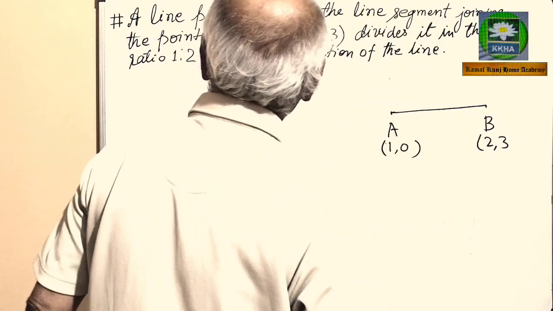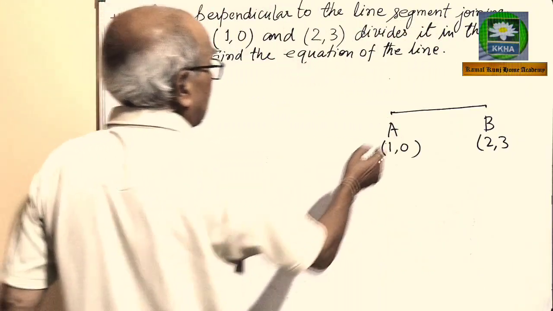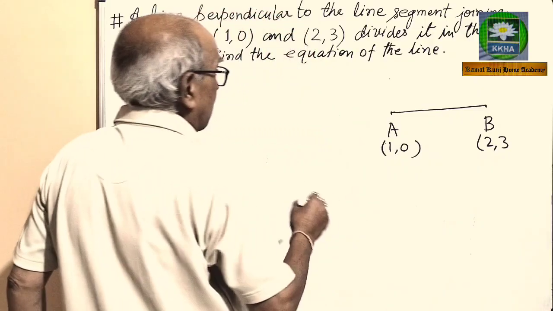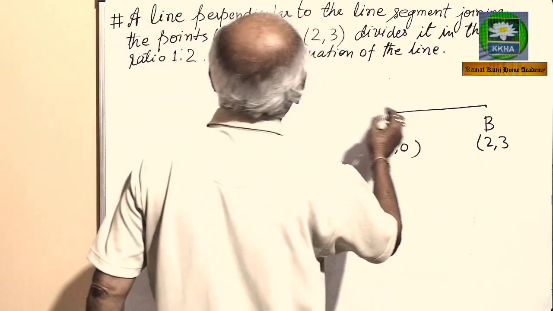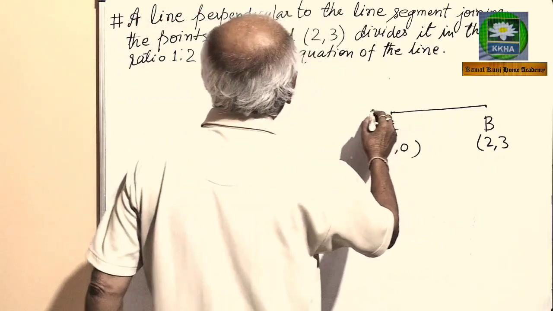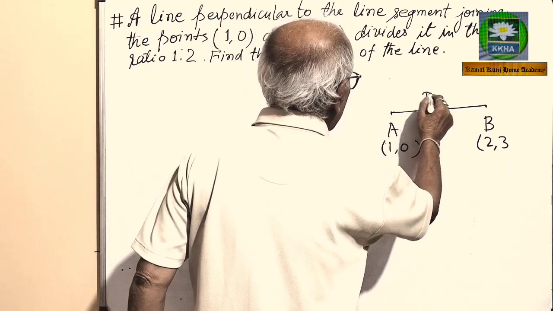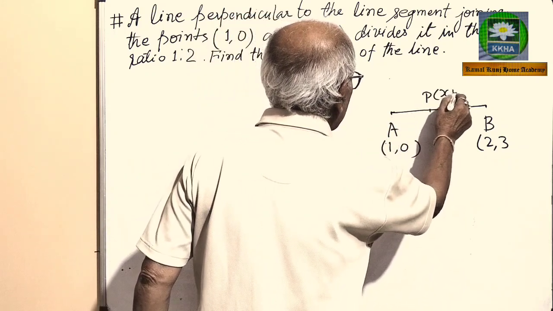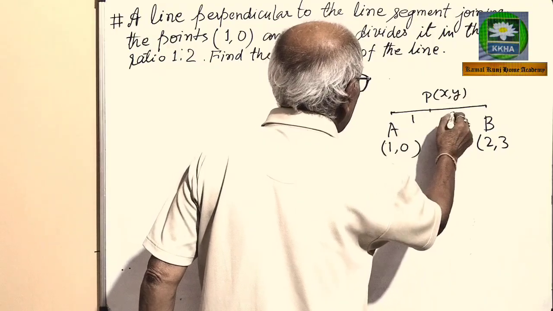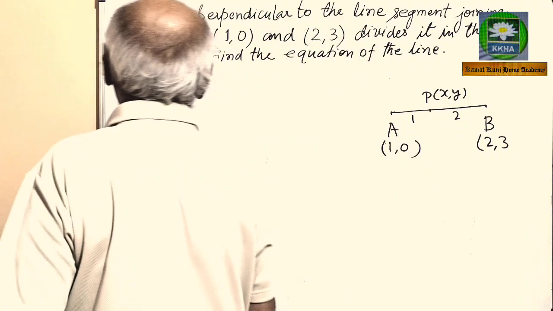Now we have to find the equation of the line which is perpendicular to this line segment and divides it in the ratio 1:2. Suppose P is the point which divides this line segment into 1:2.